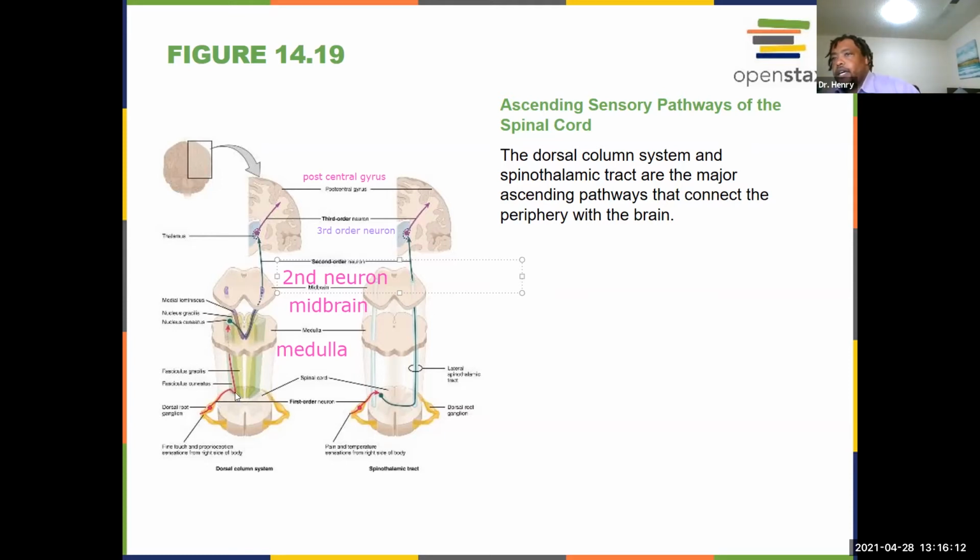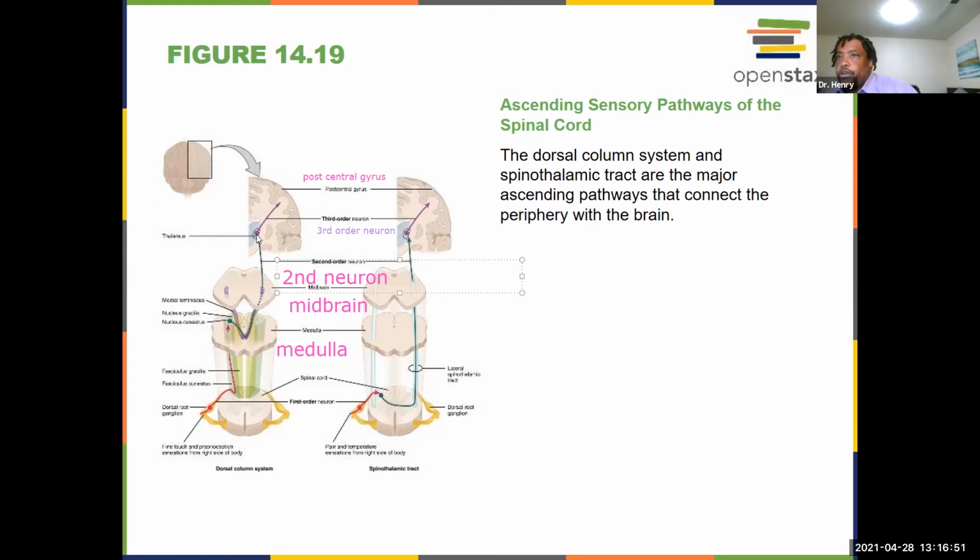It's going to go through the spinal cord, and then up through the fasciculus cuneatus and the fasciculus gracilis, up to the nucleus gracilis, and then it's going to connect to the second order neuron.